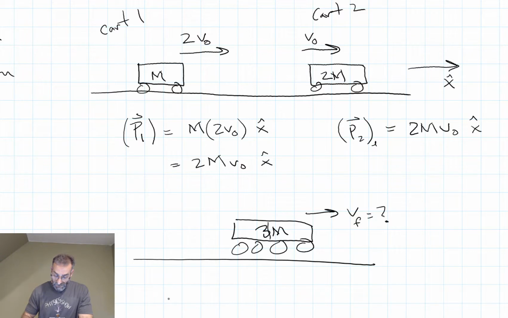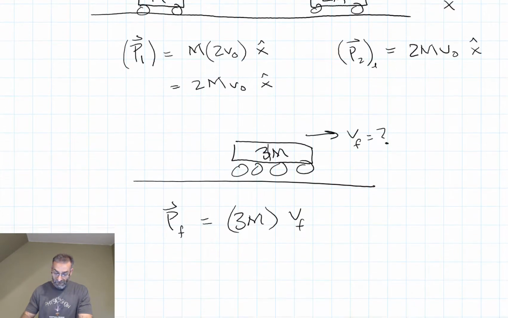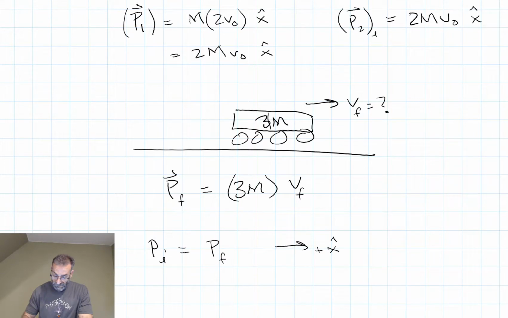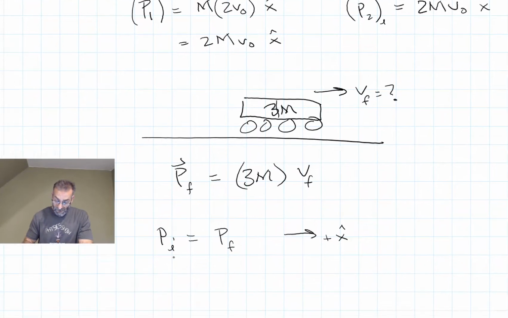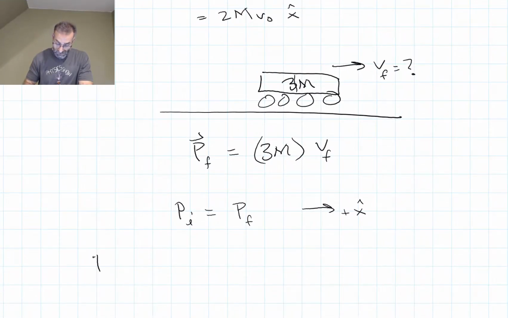So we say the final momentum is going to be the mass times the velocity. Initially, we had P1 initial plus P2 initial. And at the end, we just have them stuck together.